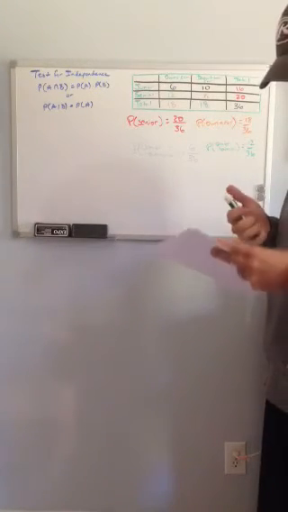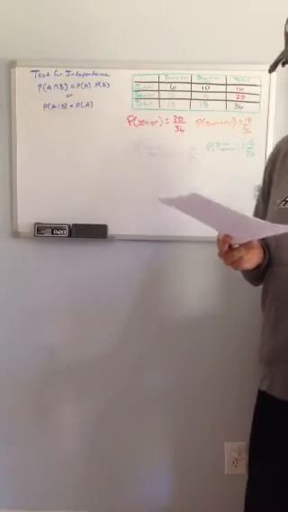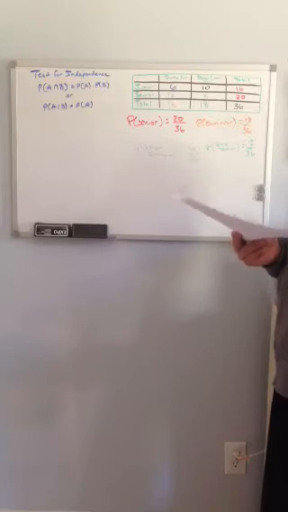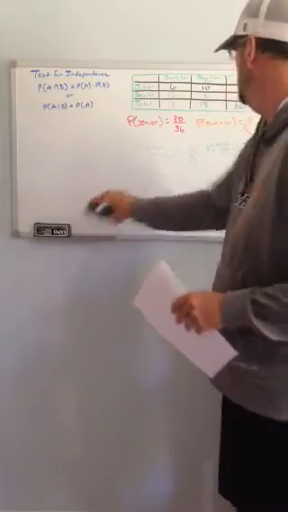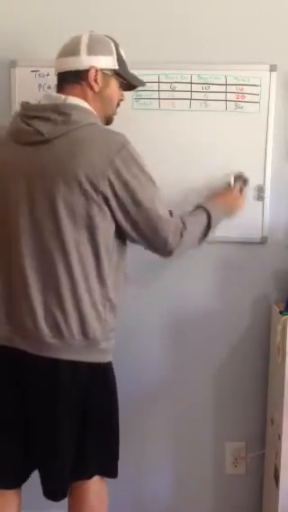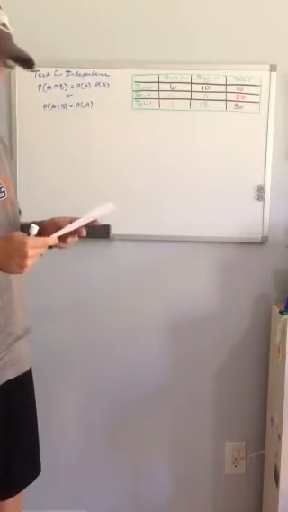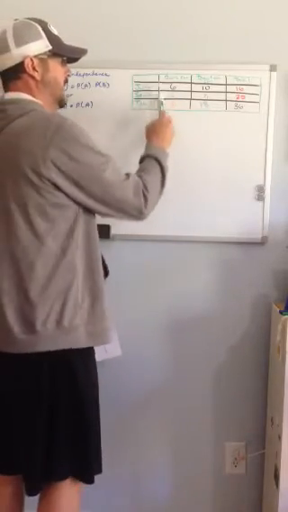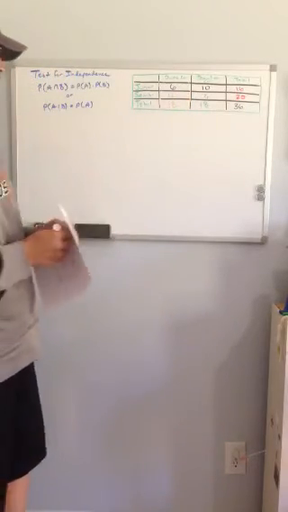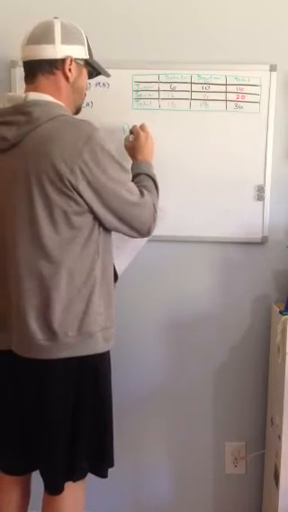Okay, we look at number 5, and they start talking about a conditional probability. We start introducing the word given again. So what is the probability a student chosen is a junior given that they own a car? Going back to what we did yesterday, once we see the word given, I'm only giving you the people, in this case, that own a car. So I'm only looking at these 18 people right here.